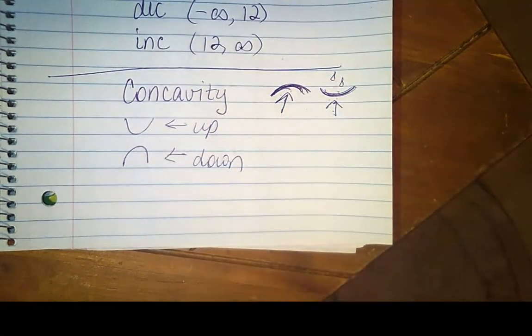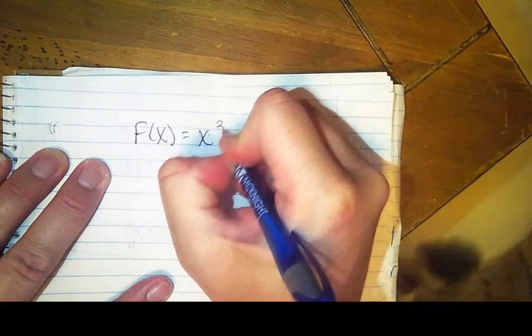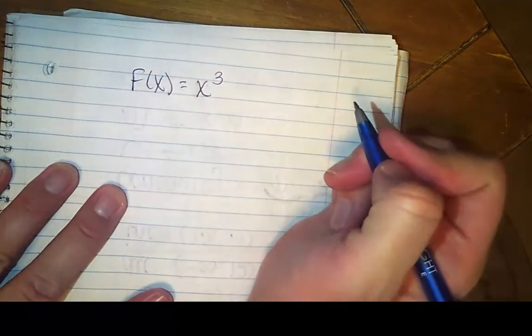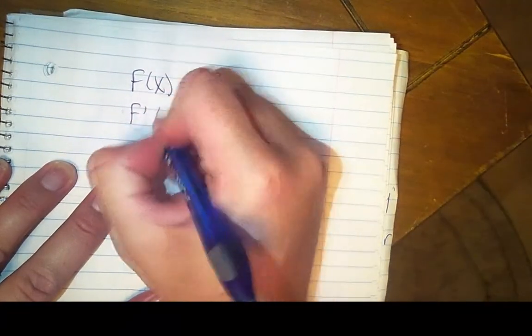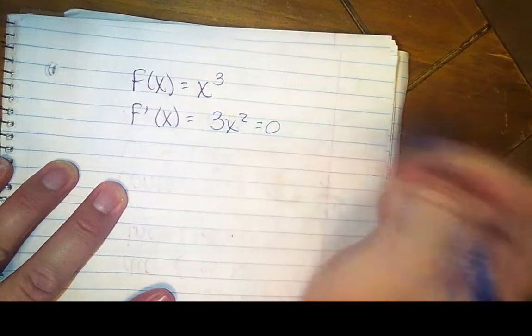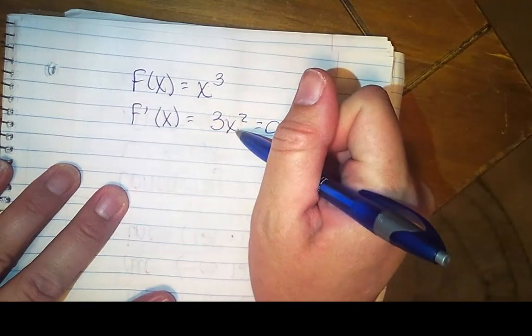Now, how do we do this, and what am I actually talking about? Let me give you an example. If I give you the graph and the function f of x equals x to the third. In the last section, we talked about increasing and decreasing. So let's take a first derivative, and that gives me 3x squared equals 0. Well, in that case, x must be 0.